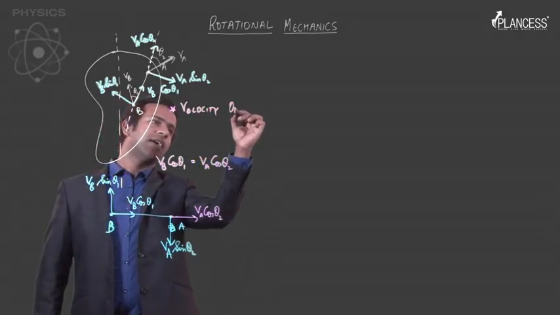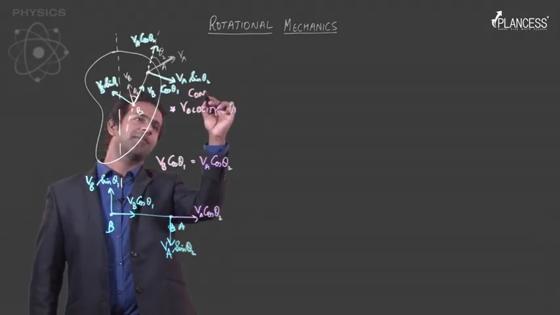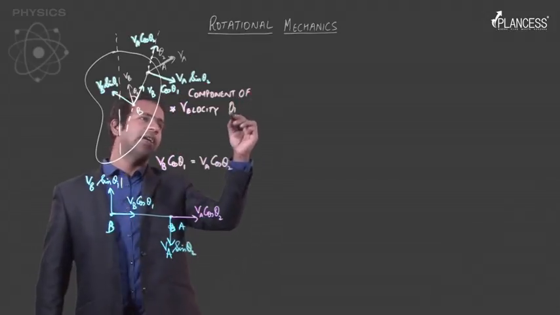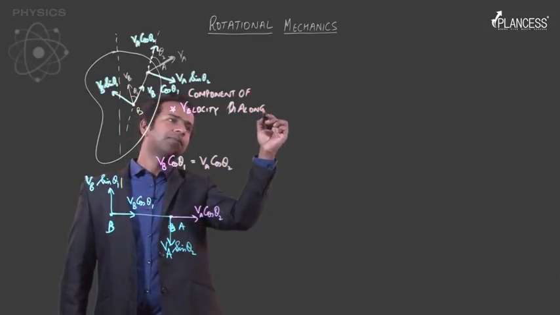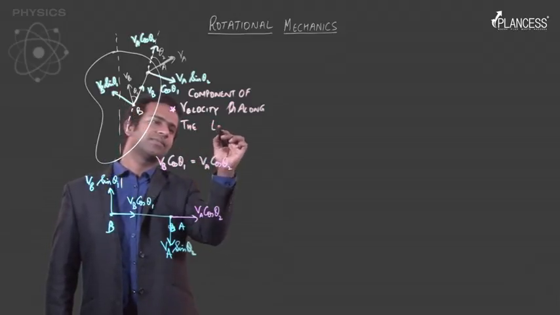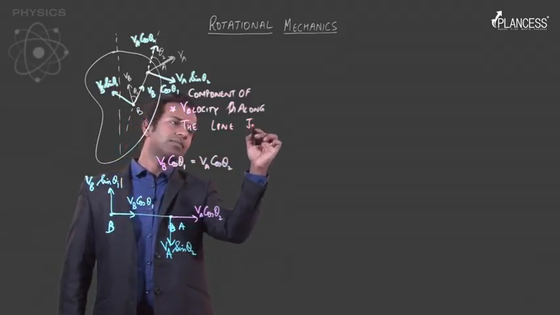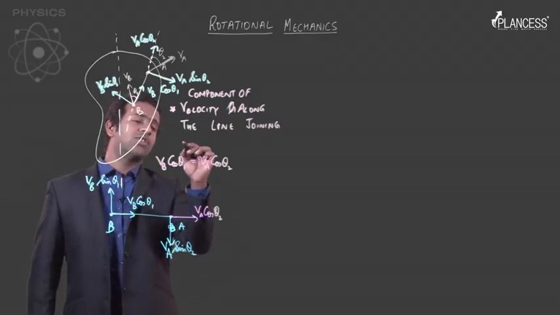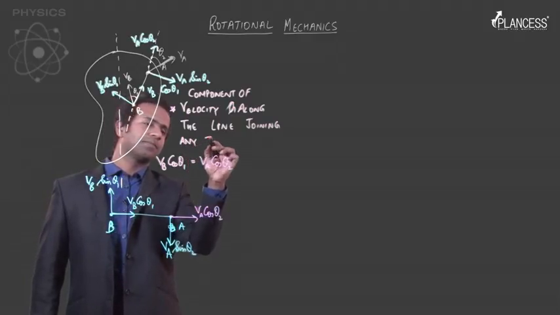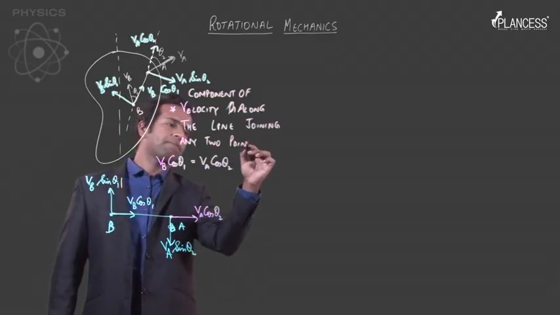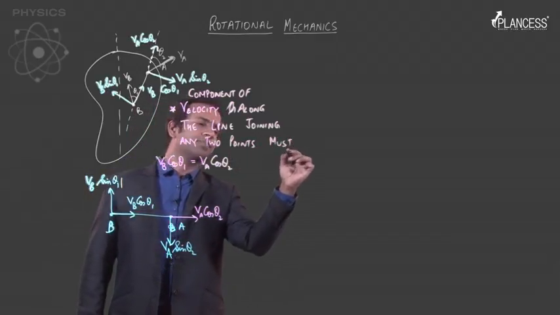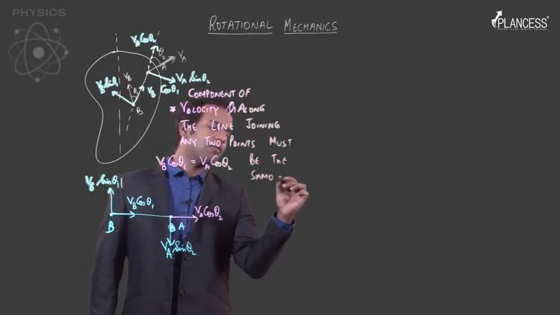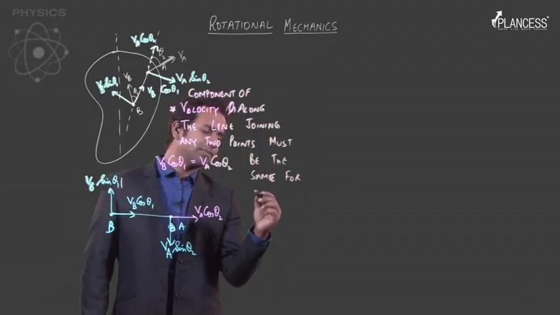So in statement, we could say that the component of velocity along the line joining any 2 points must be the same for any 2 points.